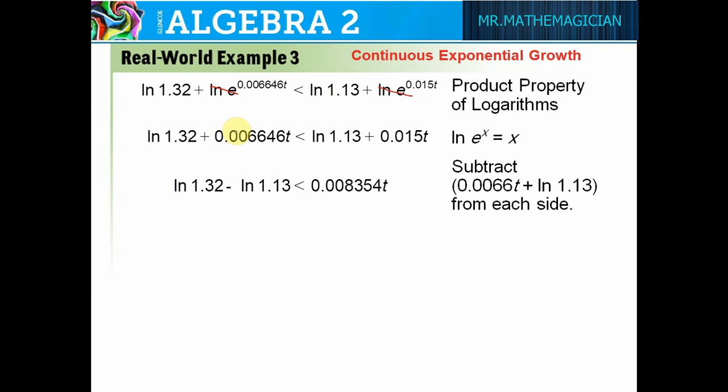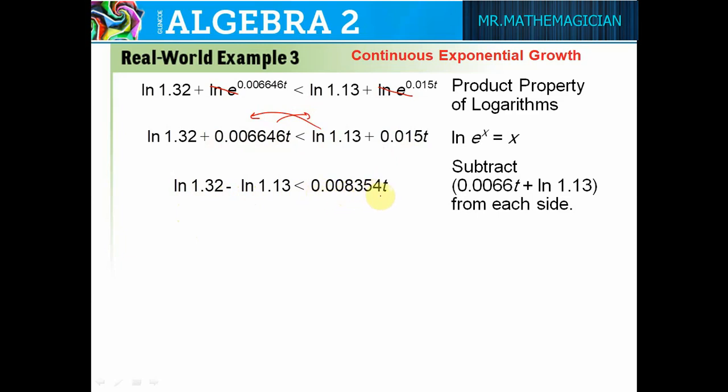So now let's move the terms with t together and the terms with ln together. So ln 1.32 minus ln 1.13 will be smaller than 0.015 minus 0.006646, and it will give you this number, 0.008354.